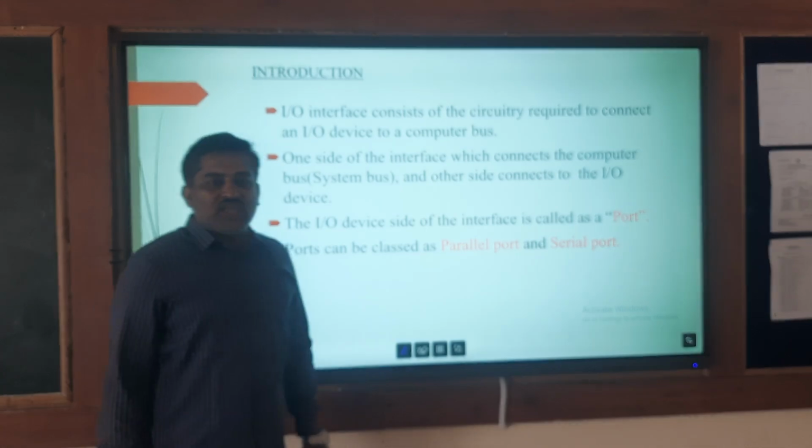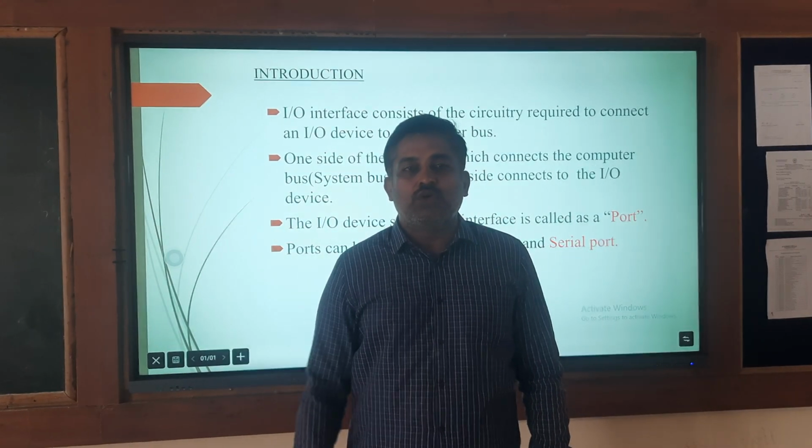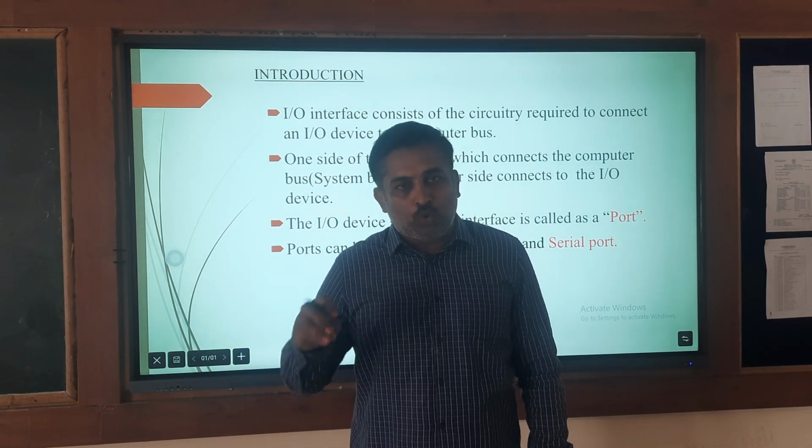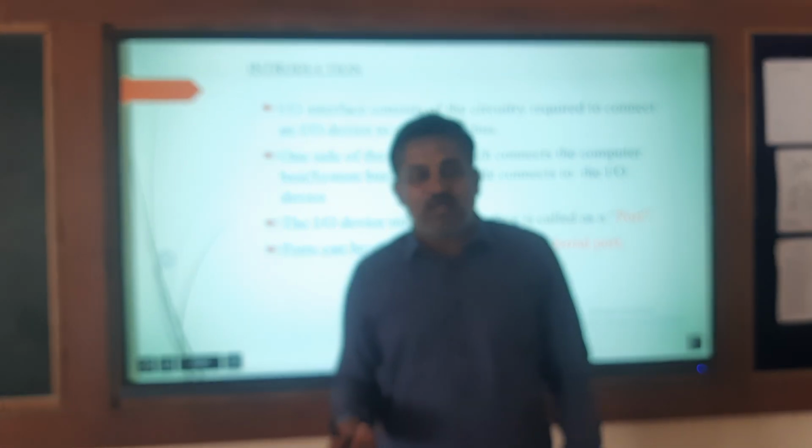Okay, so the input-output interface circuitry is required to connect the input-output devices to your computer bus. They cannot connect directly to the bus. With the help of input-output circuitry only, they will be connected.